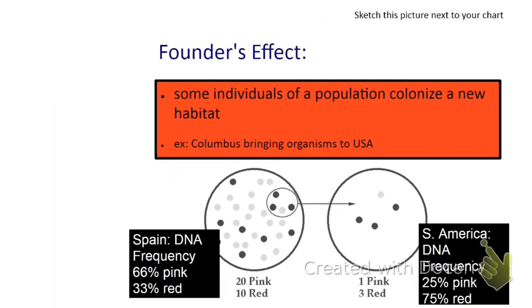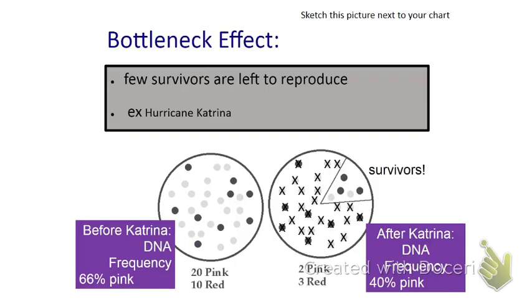Another way is if there's some kind of catastrophe that kills a lot of the species. For example, in Hurricane Katrina, there was quite a bit of flooding, and so these flowers that normally maybe had a frequency of 66%, well, let's say only these many survived. Because this sample size is so small, the frequency is going to change. It's not an accurate representation of what was there before, but just of what survived.